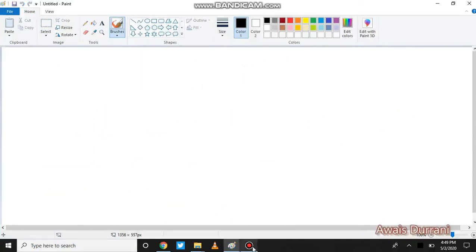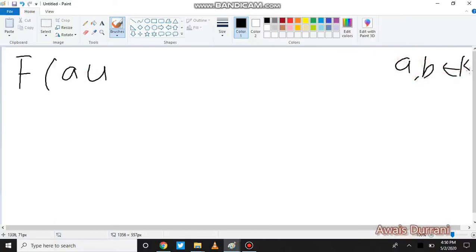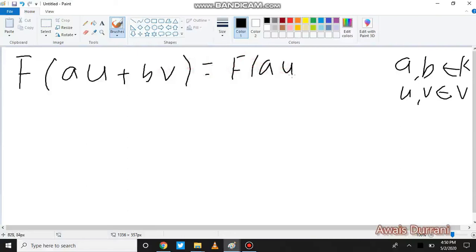Note that there is another property. For example, if I combine property 1 and property 2 in a single property, I take two constants a, b from the set of scalars, and I take u, v two vectors from the vector space V, and I write f of au plus bv, then by the two properties collectively, applying the first property, it becomes like this.